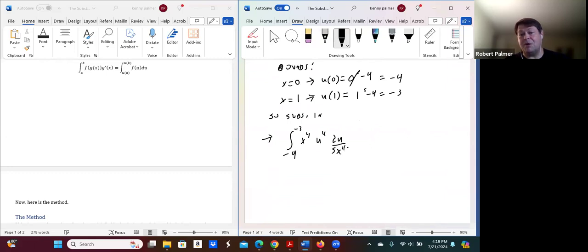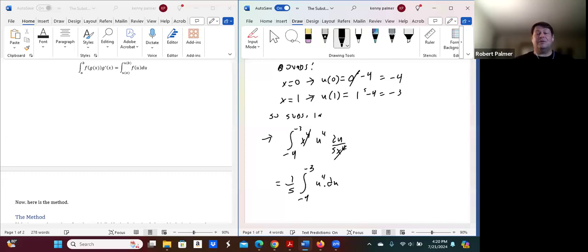Once again, after this step, all your x's should cancel out, and they do. The x to the fourth cancels out here and here. Bring the 5 from the bottom out front, and that's going to be 1/5 times the integral from negative 4 to negative 3 of u to the fourth du.